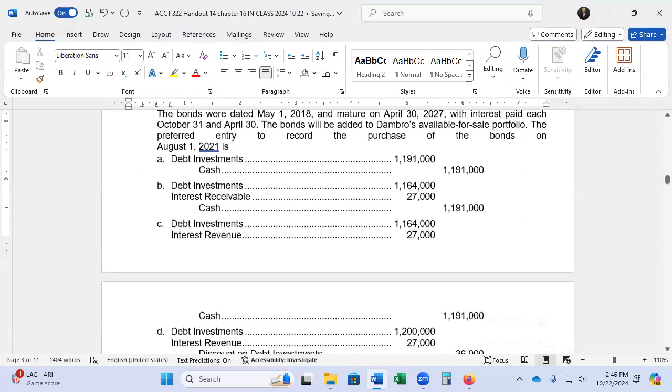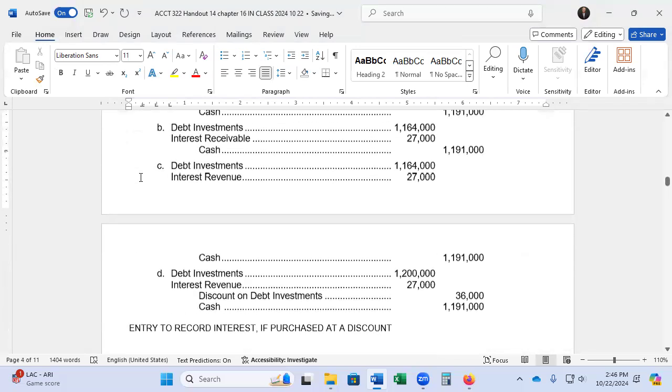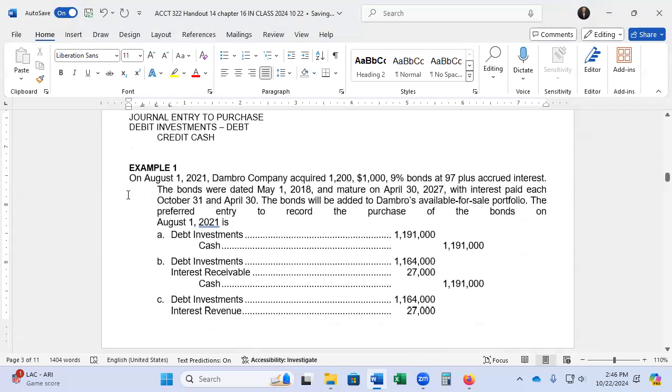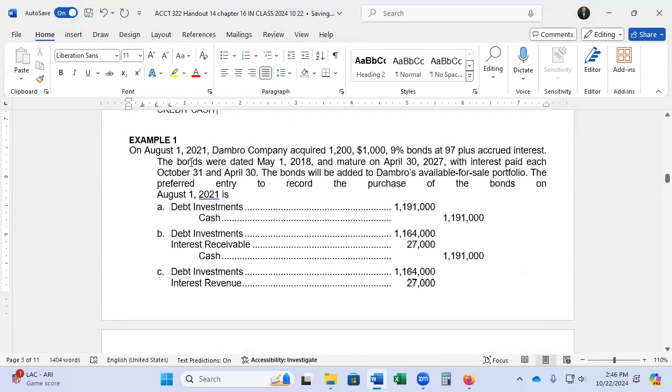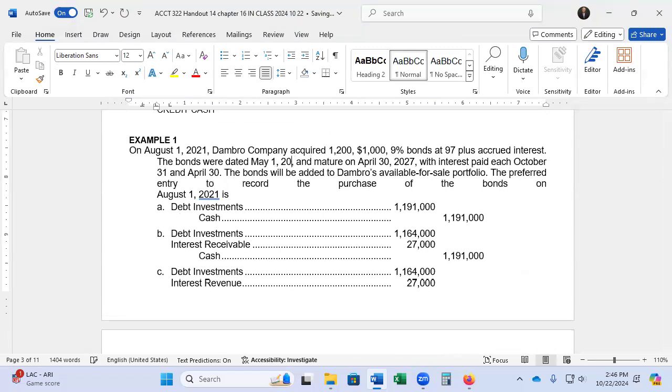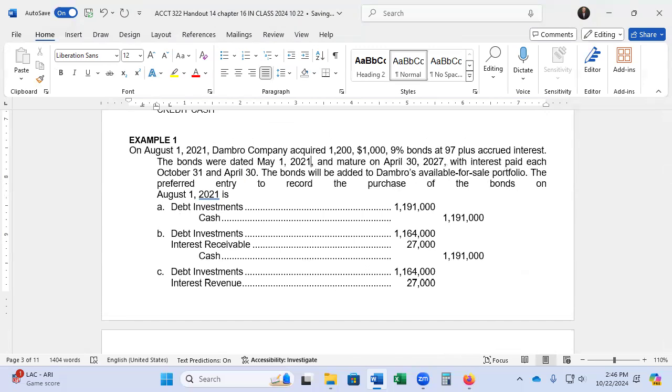And then we've got example 1 here. If you take a minute to look at this one, I'll provide the answer. And this is supposed to be 2021, not 2018.